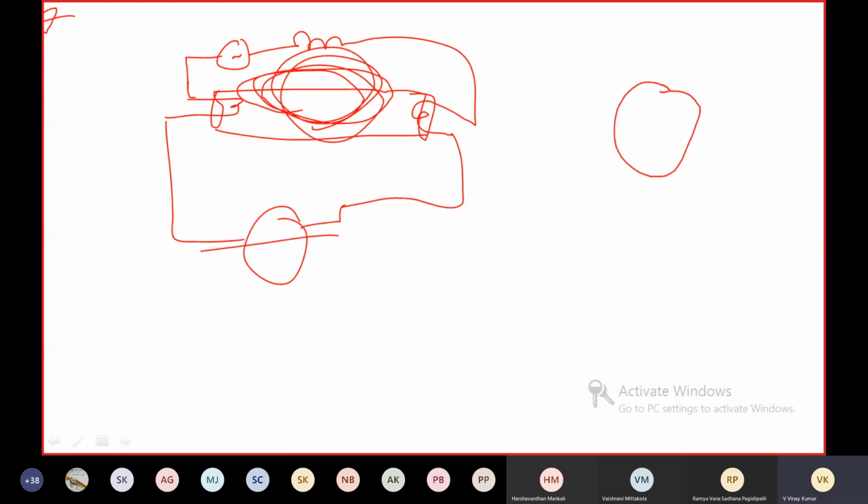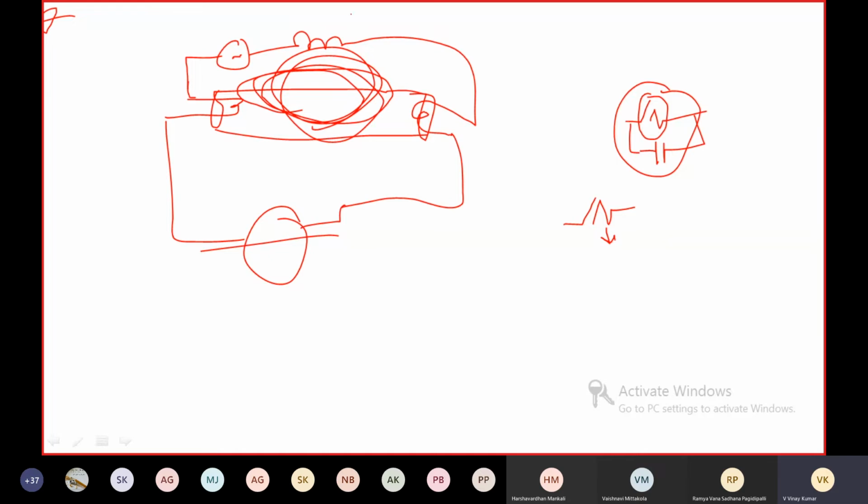Initially, a starter consists of a neon lamp and a capacitor. The capacitor is connected across this neon lamp. This lamp has two electrodes. Among these two electrodes, one of them is a bimetallic strip.